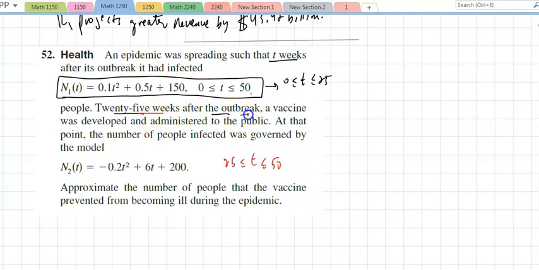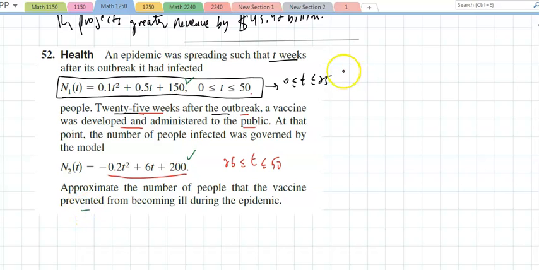25 weeks after the outbreak, a vaccine was developed and administered to the public. At that point, the number of people infected was governed by this, so it changed the way it works. This is how it was infecting people. Now this is how it is infecting people. Approximate the number of people that the vaccine prevented.